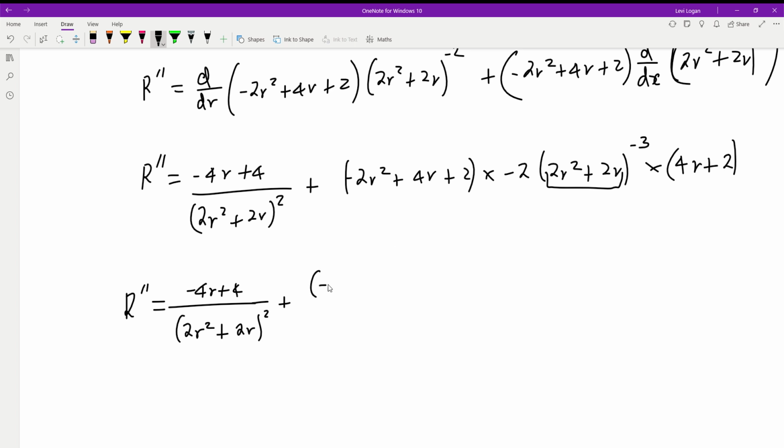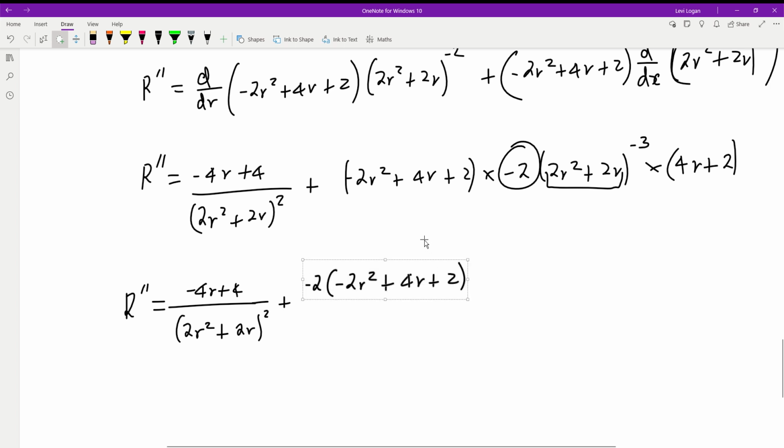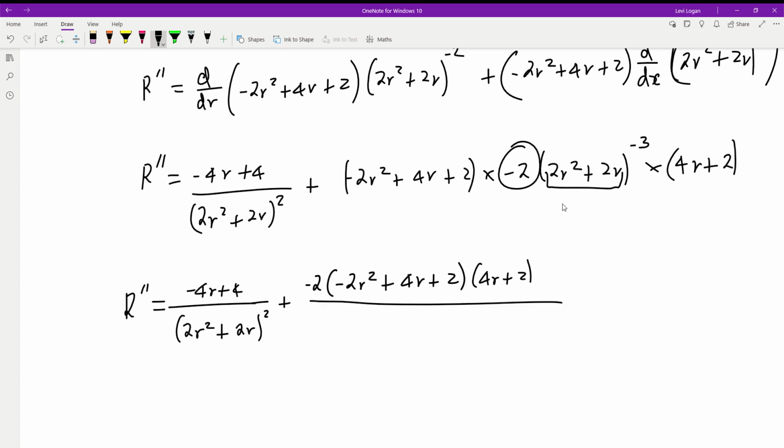So what we're going to have is minus 2r squared plus 4r plus 2. This is going to be on the top still because it's not a negative exponent, times by negative 2, so I'll chuck that at the front. We'll move that a bit to the side because we've run out of room. Multiply by this term here, so 4r plus 2, all divided by this guy here, all cubed. Righto, so that's the second derivative.